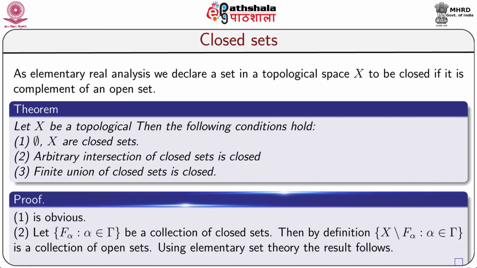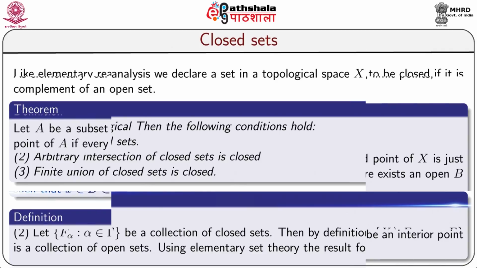Then by the definition of closed sets, each X minus F alpha is an open set. So this collection, X minus F alpha such that alpha belongs to gamma, is a collection of open sets. Since open sets are closed under arbitrary union, their union will be open. That means, as their union is open, its complement is closed. That means an arbitrary intersection of closed sets is closed.